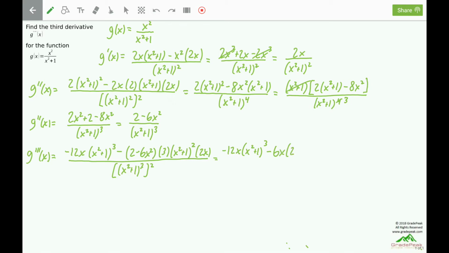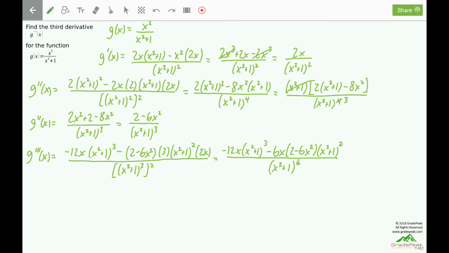I have the 2 minus 6x squared, and then I have the x squared plus 1 squared. All of this divided by x squared plus 1 to the 3, and then to the 2. We multiply those exponents. 3 times 2 is 6.